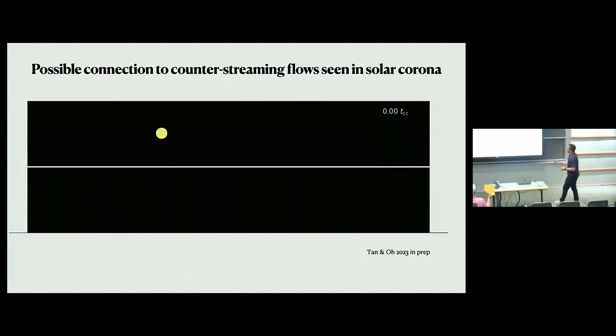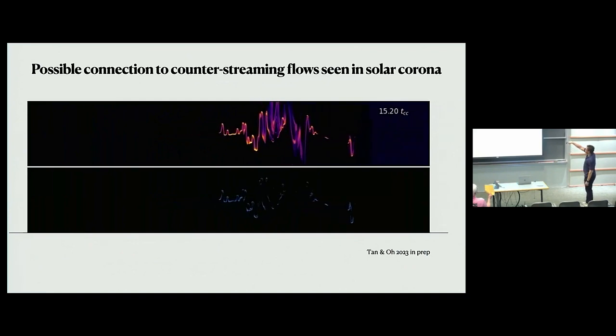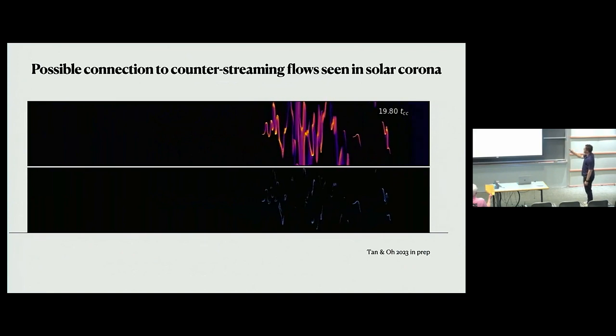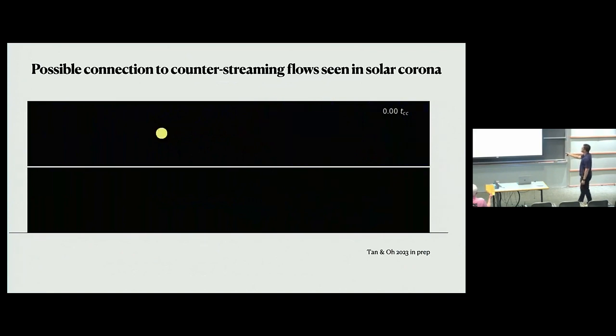One thing that we've been pursuing is that, so here's a movie, and the top is just temperature, and the bottom is emission. Essentially, you can see the cloud develops streaming flows, counter-streaming flows in the tail, right?